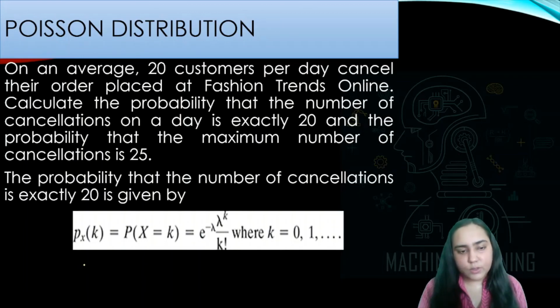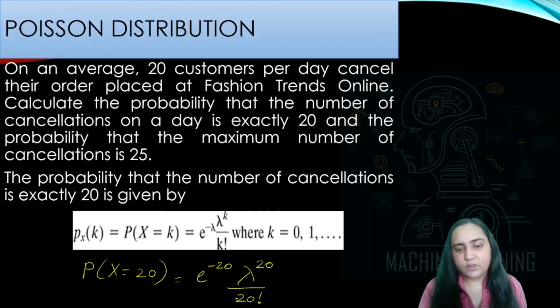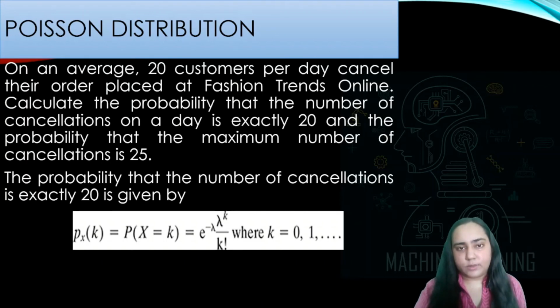So what I want to find is P of X equal to 20. This will be e raised to minus lambda, which is minus 20, times lambda raised to k. Now k is also 20 because we are asked for exactly 20 customers, divided by 20 factorial. I know that's difficult to calculate, but with a calculator you will get 0.0888. This is the probability that the number of cancellations will be exactly 20.